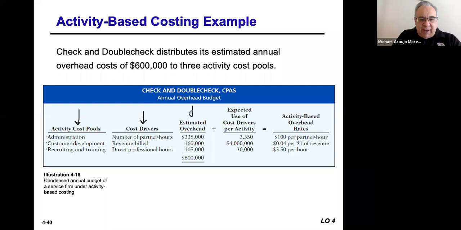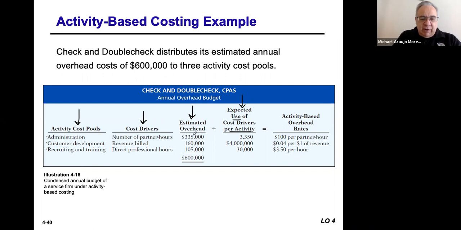They have provided an estimated overhead cost for each of these activities, totaling 600,000. They have provided you with an expected use of cost driver per activity.